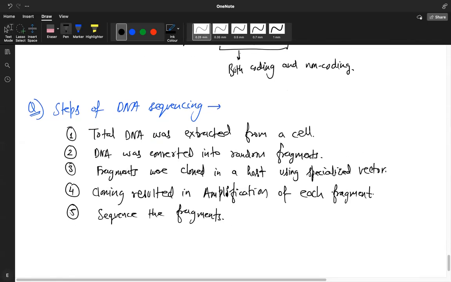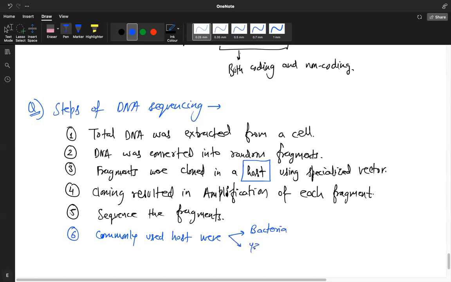And in NEET, one question has come about this host, what hosts were used? So about the host, I'm adding one more point here. You can write down. Commonly used hosts were one was bacterial cell and the other was yeast. Yeast is a unicellular fungi, okay? Unicellular eukaryote.